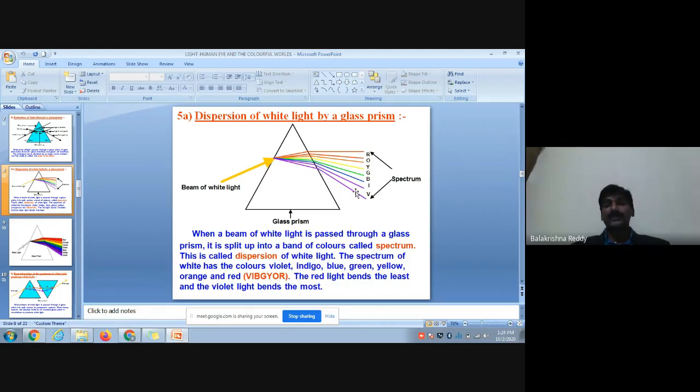This we are taking as an emission spectrum, the light rays which are emitted when the white light gets split. Now, this is given very clearly. When a beam of white light is passed through a glass prism, it splits up into a band of colors called a spectrum. This phenomenon is called dispersion of light.